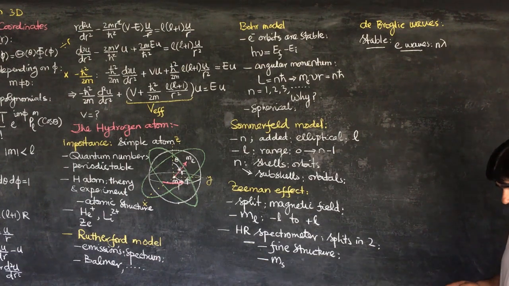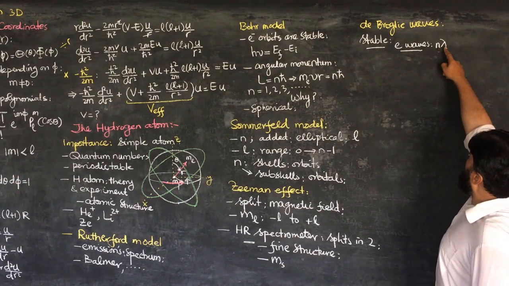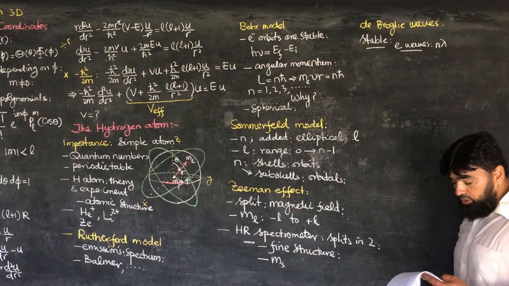So a given orbit will be stable only if it contains an integral number of wavelengths of the electron.